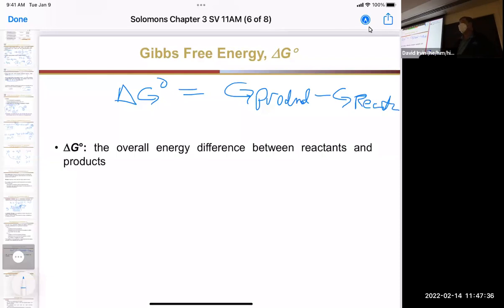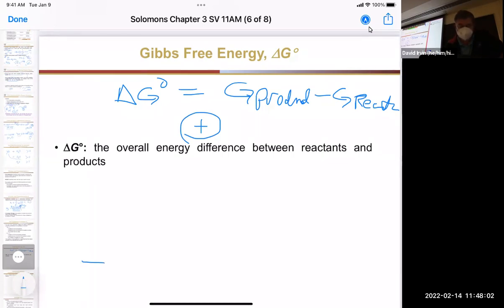Now, if this is positive, that means the products had more energy than the reactants, right? Because your reactants are being subtracted from it. So what does that look like?